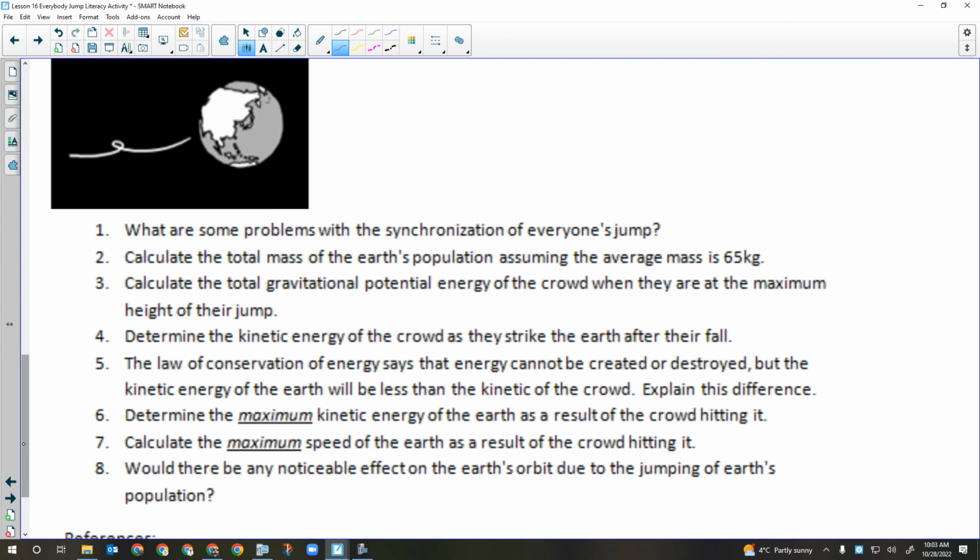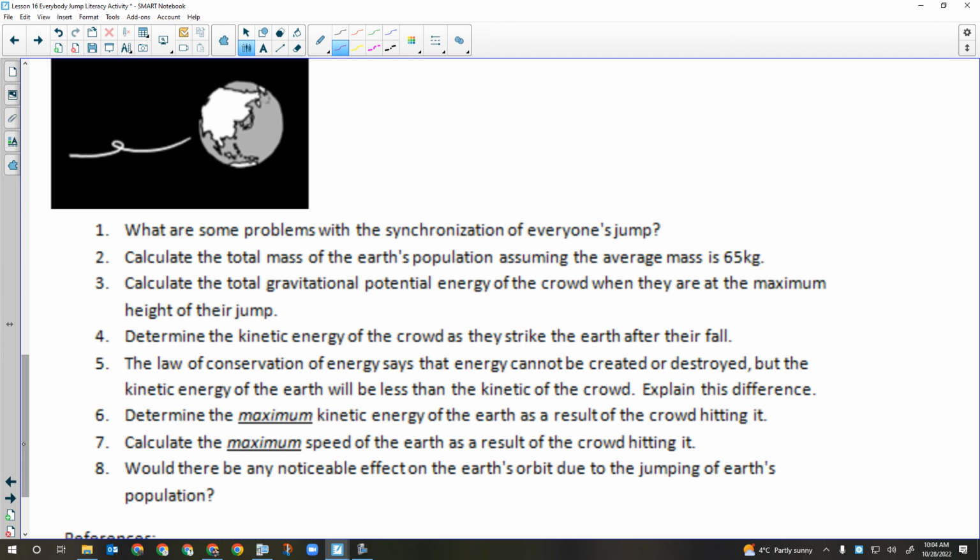It's not like I can just fire a gun and hope that everyone will hear it and jump at the same time. For one thing, the sound's just not going to travel that far. And secondly, by the time it reached the edge of the crowd, if I was in the center, it'd be like an hour later. This is not going to work. So I don't know how you synchronize that and get everybody to actually jump at the same time.